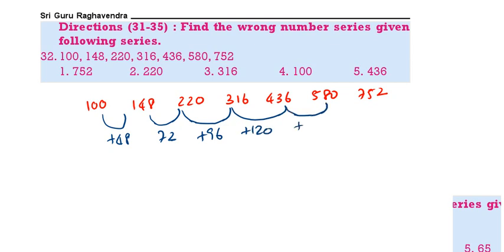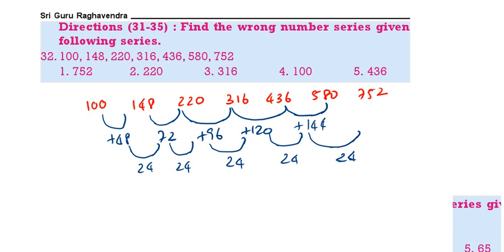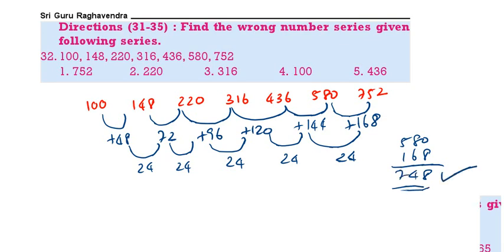This is how much? 144. So each time 24 is increasing. Next, if you increase 24, it should be equal to 168. So 580 plus 168 is equal to 748 is the correct. 752 is the wrong number.